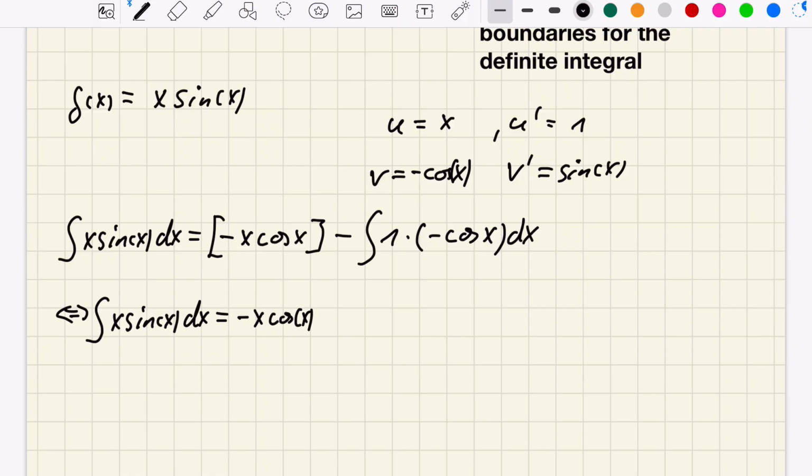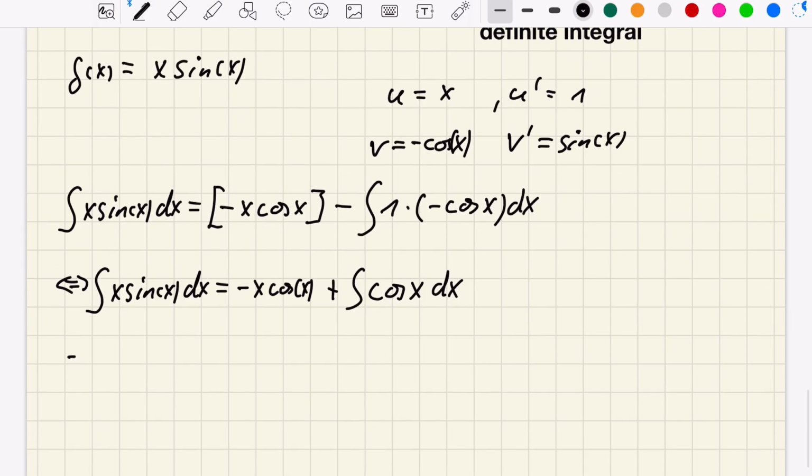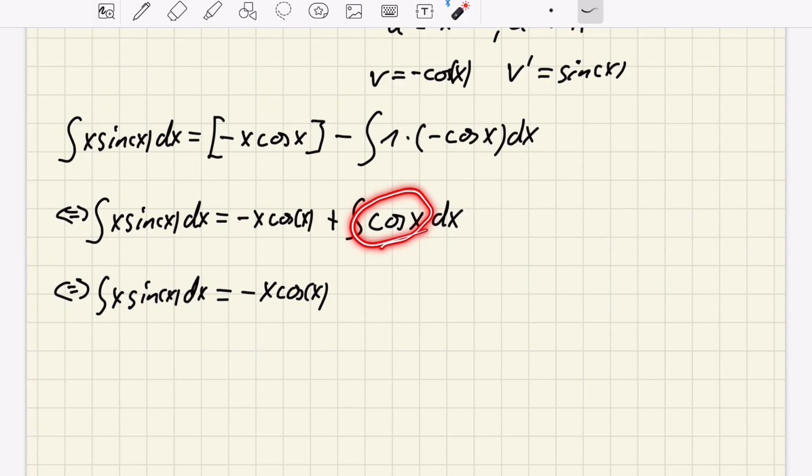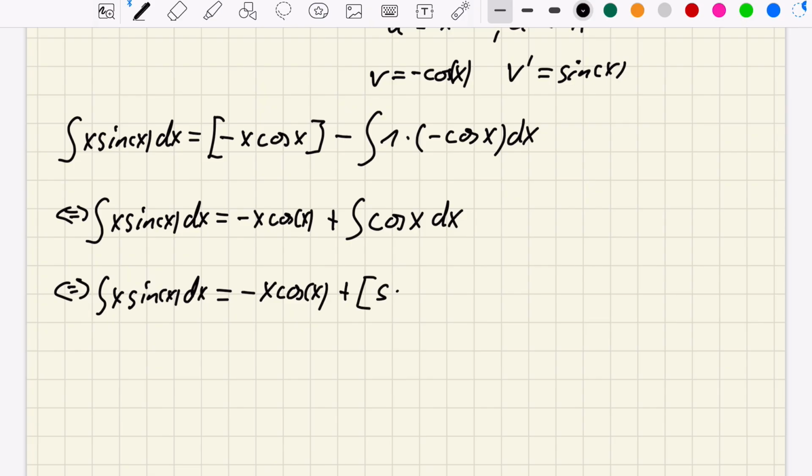Now the integral of cosine x dx: your integral x sine x dx is equal to minus x cosine x. So the integral of cosine x is sine x.